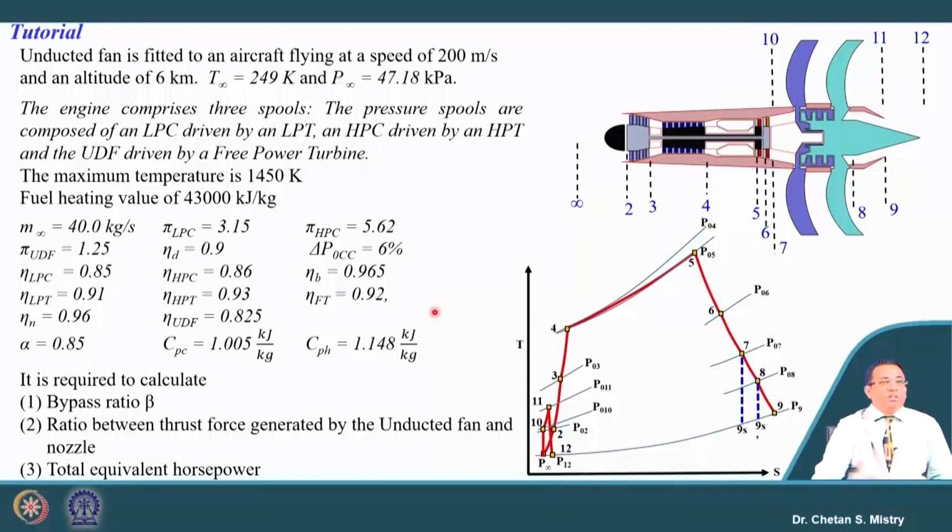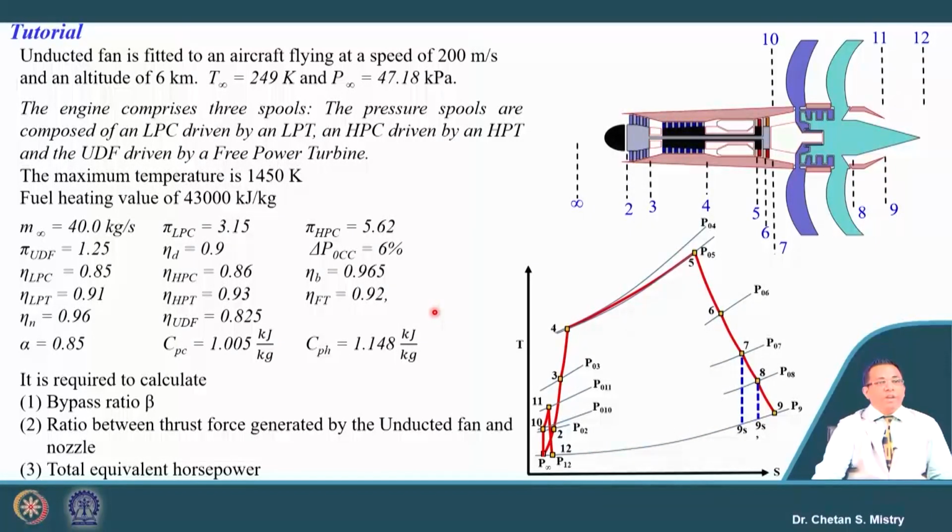LP compressor efficiency is 85%, HP compressor efficiency is 86%, burner efficiency is 96.5, LP turbine efficiency is 91%, HP turbine efficiency is 93%. Free turbine efficiency is 92%, nozzle efficiency is 96%, and efficiency of the unducted fan is 82.5.